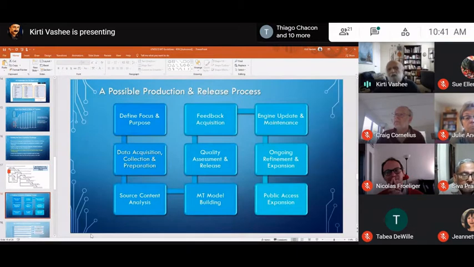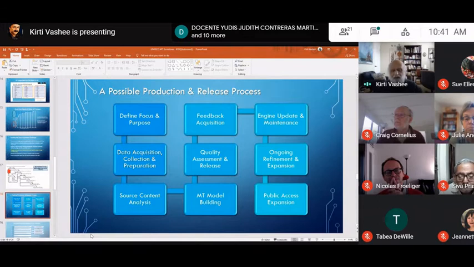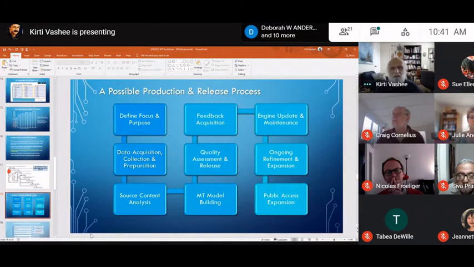So, once you've defined the purpose of the system and you have a data acquisition plan, you look at the source data, the kind of data that you want the system to be able to translate on an ongoing basis. Because, for example, with COVID and child healthcare related stuff, the content is always evolving. There's always new content coming.